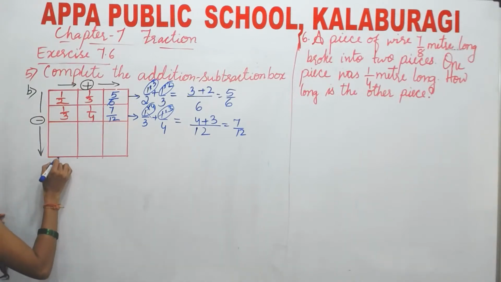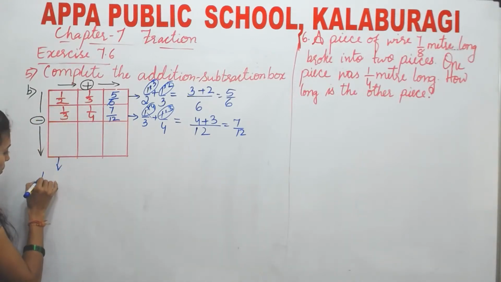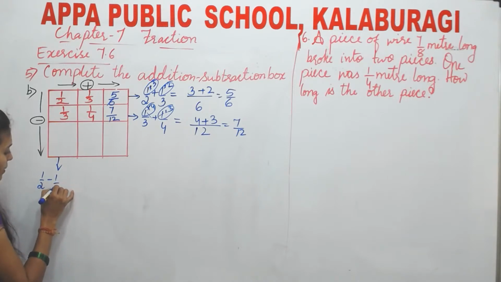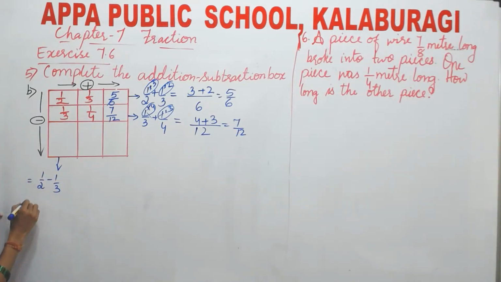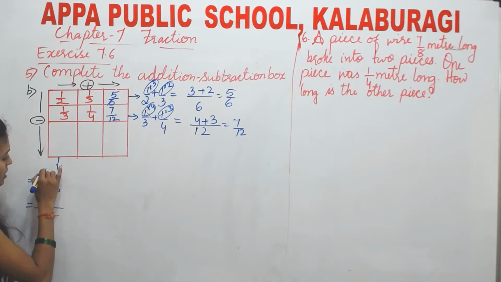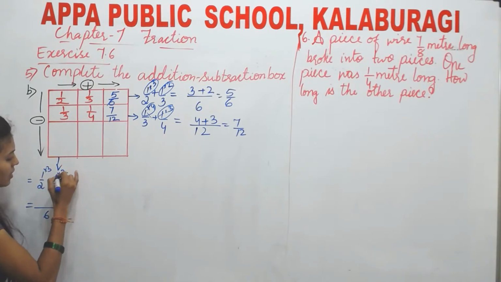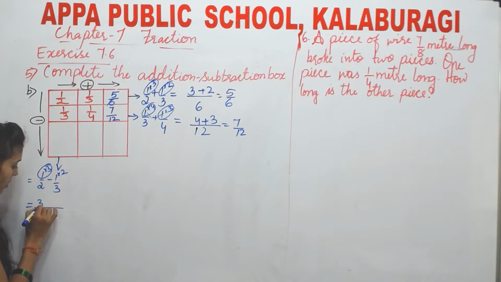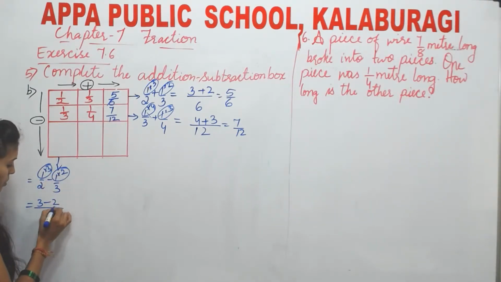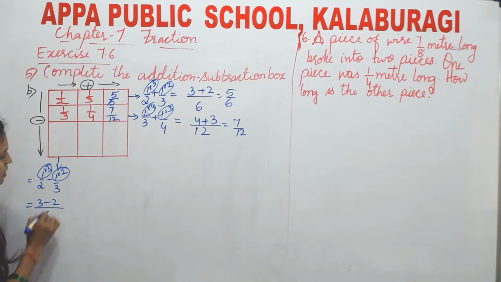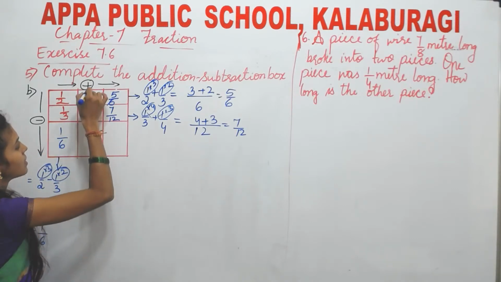Now these two we have to subtract. Okay? 1 by 2 minus 1 by 3. Then again 6 is the LCM. 2 3s are 6, 3 2s are 6. 1 3s are 3 minus 1 2s are 2. That is equal to 1 by 6. This is the answer here. Next, these.